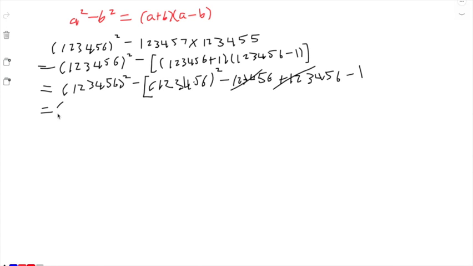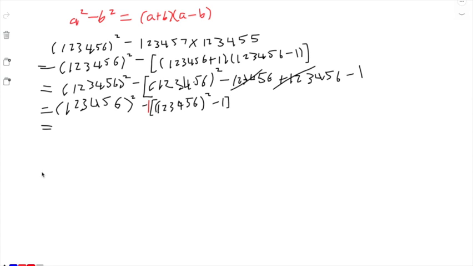And we are left with 123,456 squared minus 123,456 squared minus 1, obviously, because you're left with minus 1.